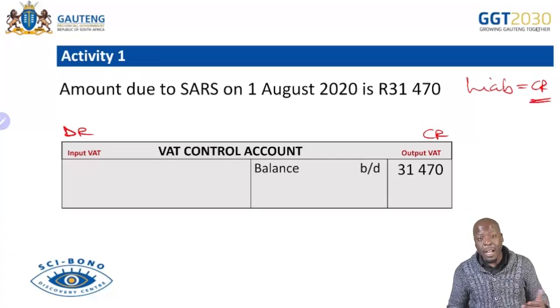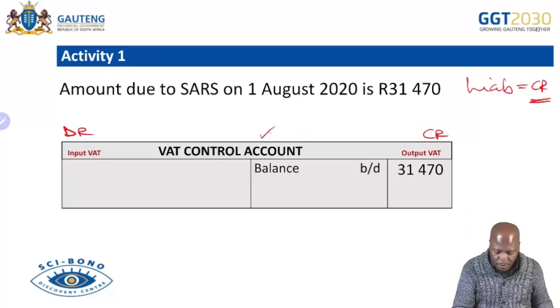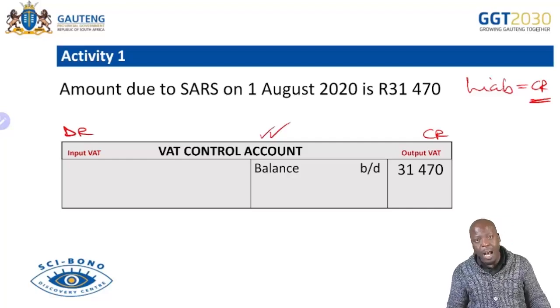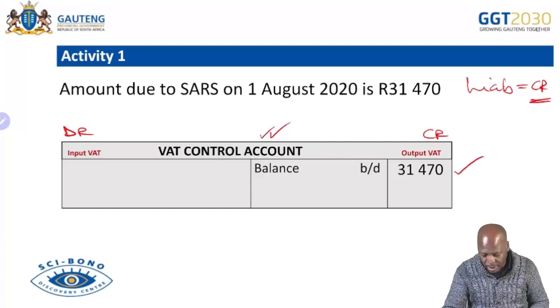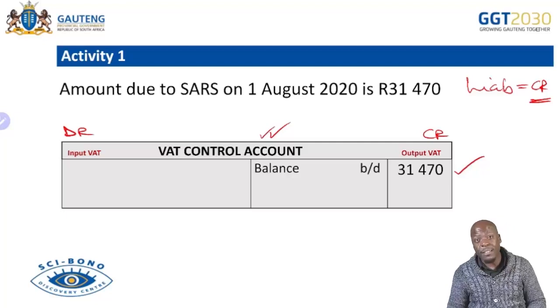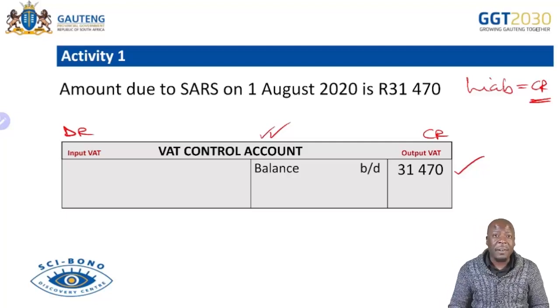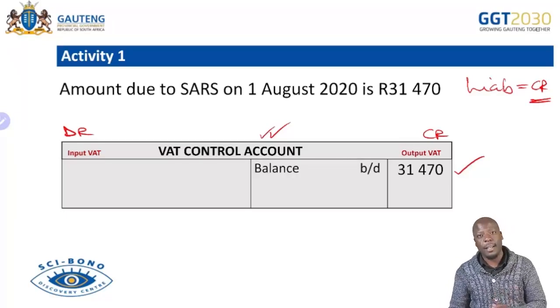That means I'm going to come to the credit side of my VAT control account because I'm owing SARS. Amount due to SARS. I'm owing SARS, so I'll put it on the credit side. Here is my 31,470 on the credit side of my VAT control account.